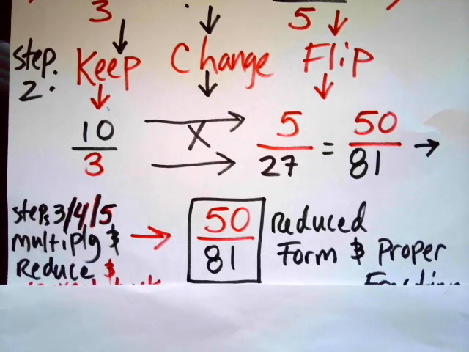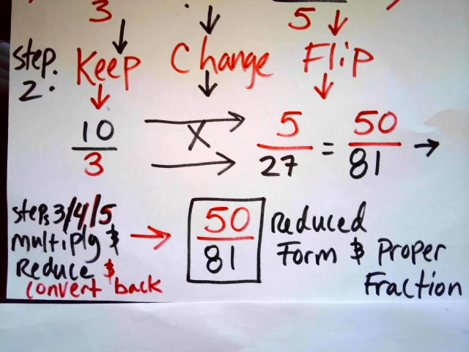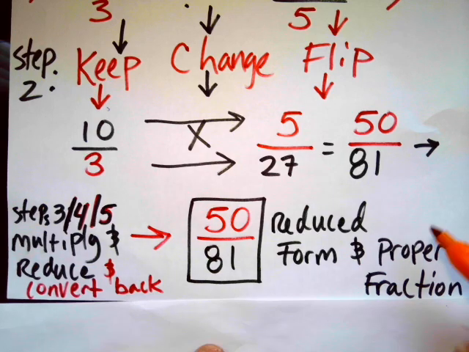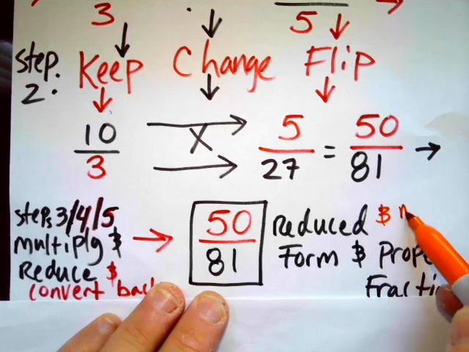So steps 3, 4, and 5: multiply, reduce, and then convert back into a proper fraction or a mixed number. I'm going to add that here.